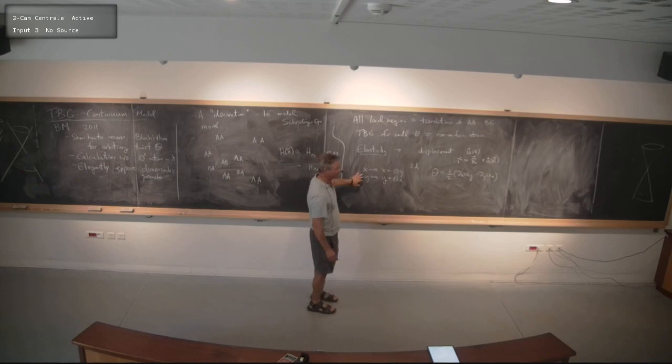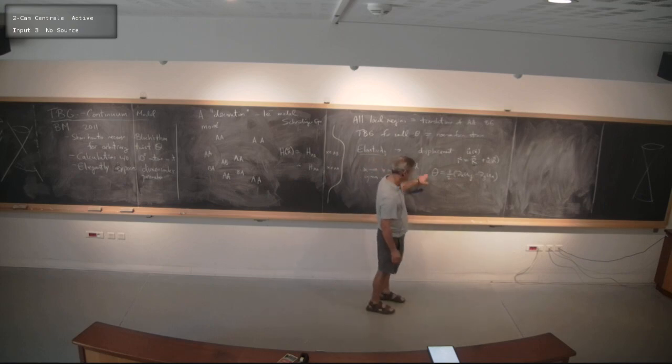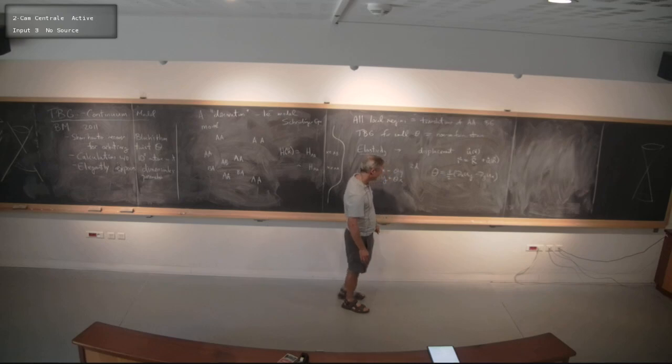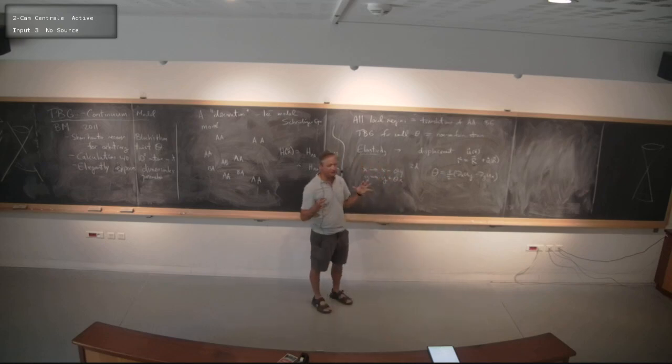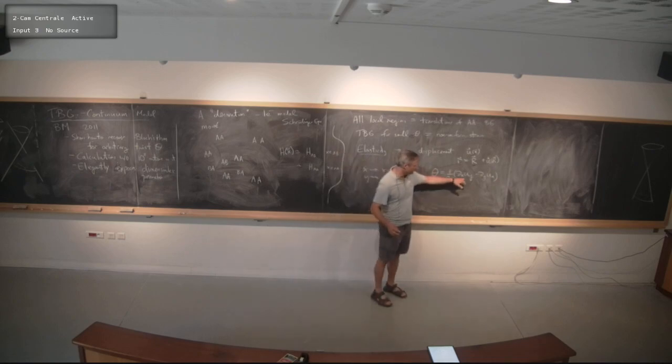If you look at, for example, Landau and Lifshitz's book on elasticity, they will tell you that this theta corresponds to a global rotation of the lattice. For an isolated solid, in 3 dimensions this is a 3-component vector, and you can write 3 of these antisymmetric combinations of U. Those cannot enter the elasticity of a solid, because a solid is invariant under a rigid body rotation.